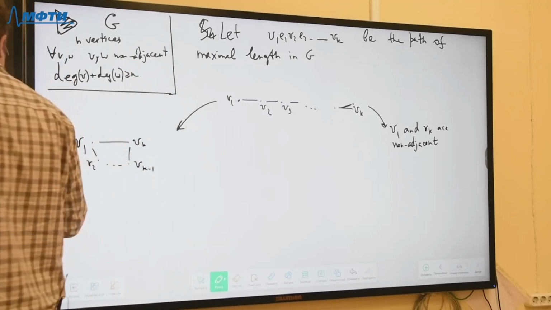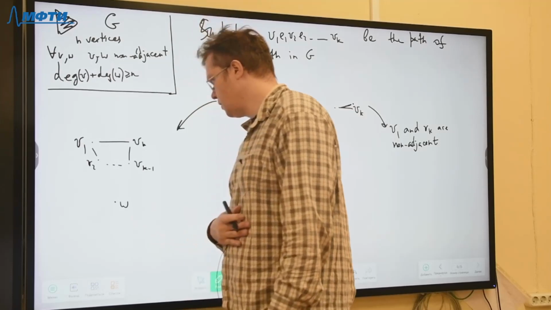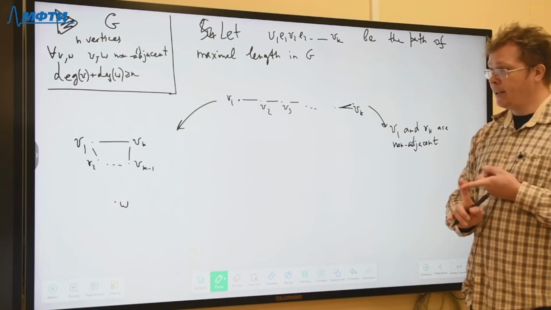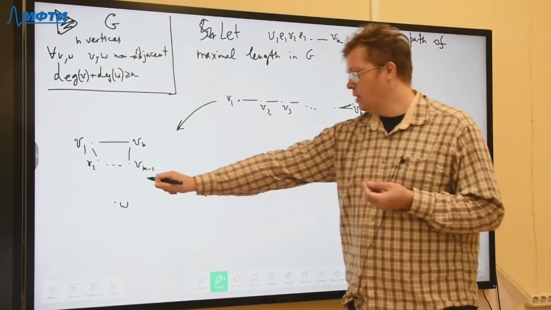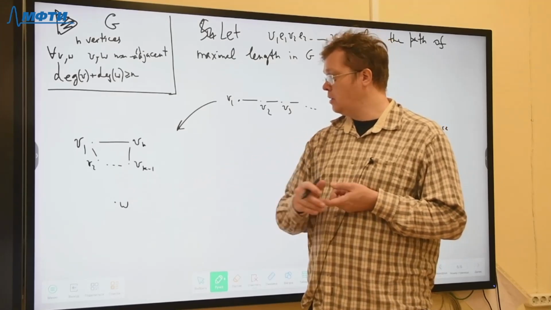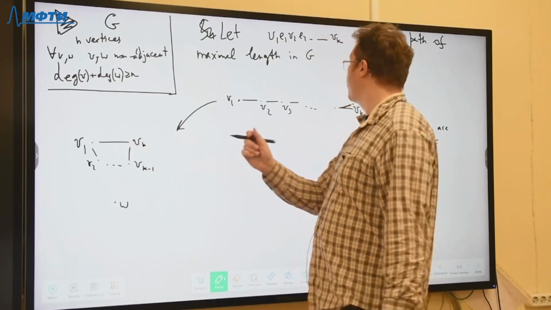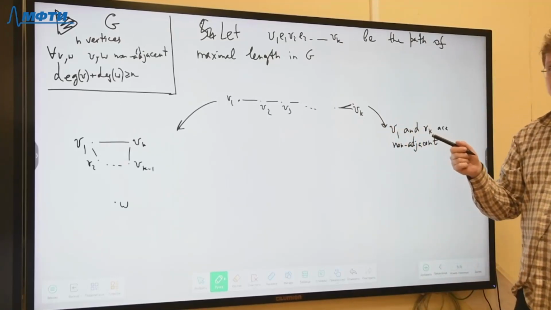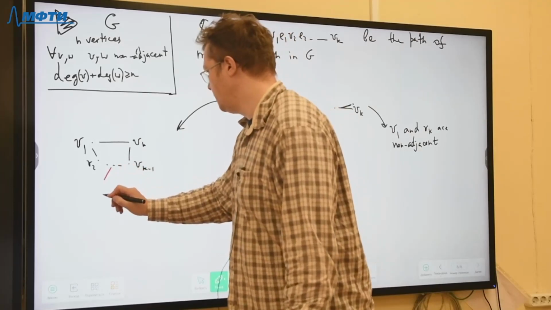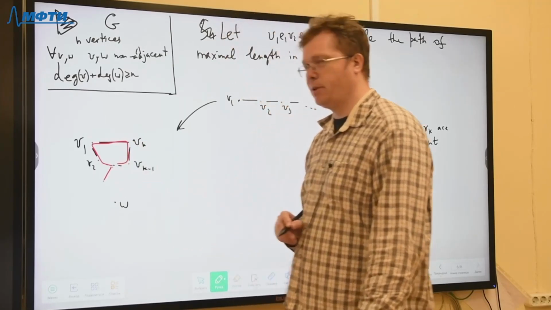This means that if we have any vertex outside of our cycle, we cannot have an edge connected to it, because if we have an edge going outside our cycle, then we'll have a path of length k plus 1.